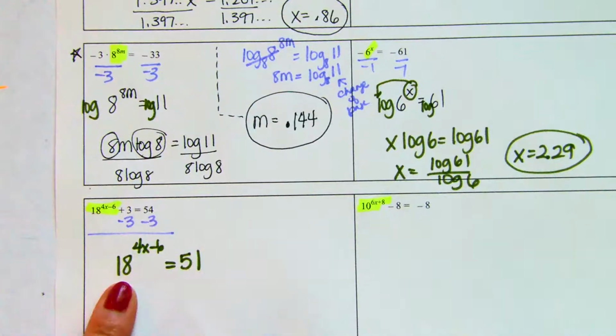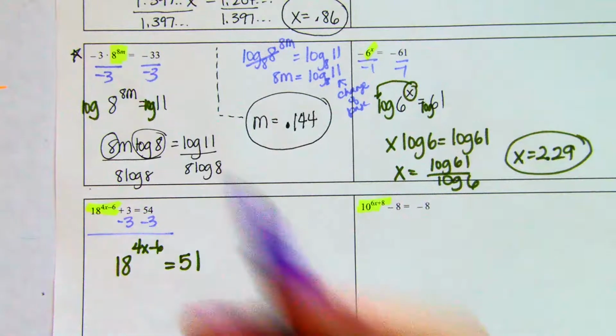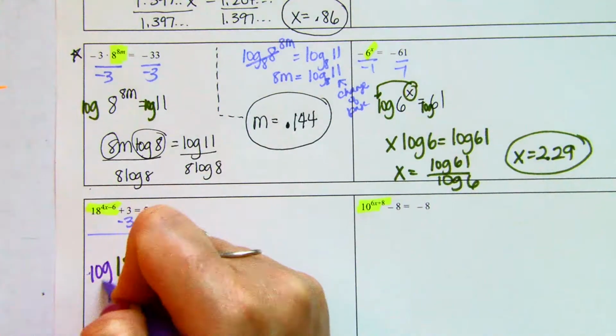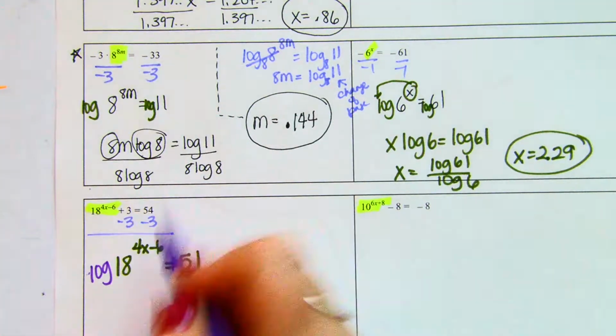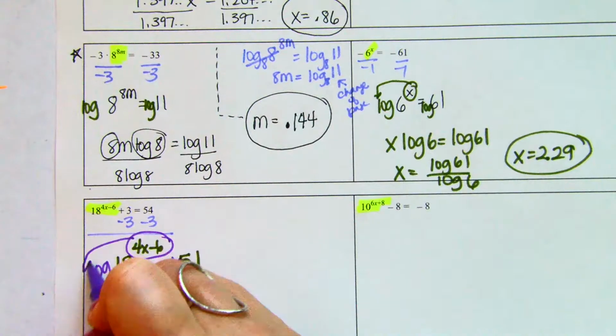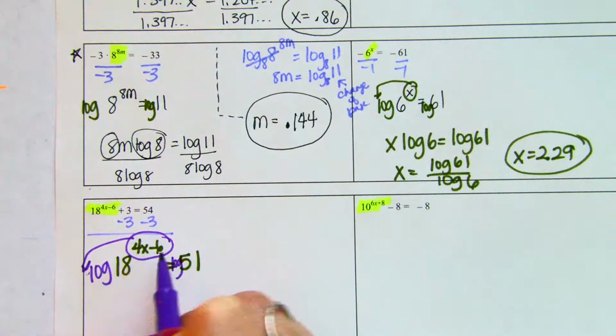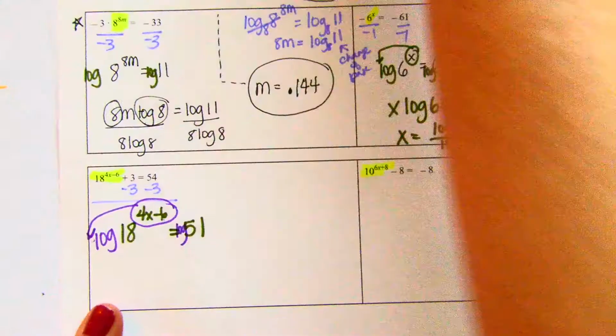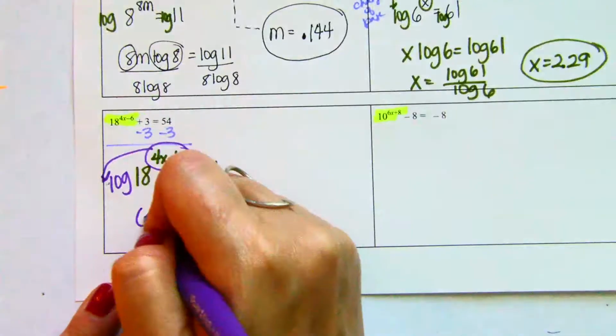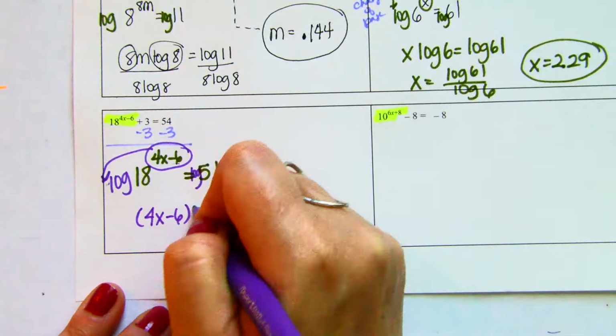Now, once again, 18 and 51, there's no way I can do the same base. So what I need to do is I need to log both sides. So I'm going to log. This power comes down. Now, because it's an expression, I would make sure to use parentheses so you don't mess up.